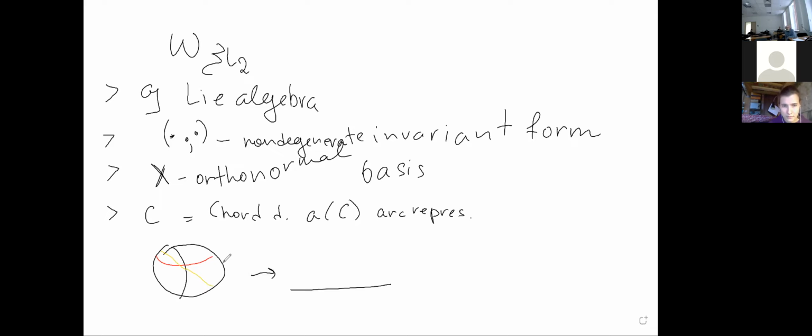We cut the diagram somewhere, and we obtain 3 arcs, and since the chords intersect, the arcs also intersect.